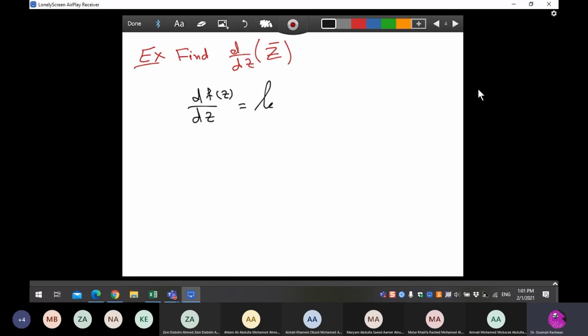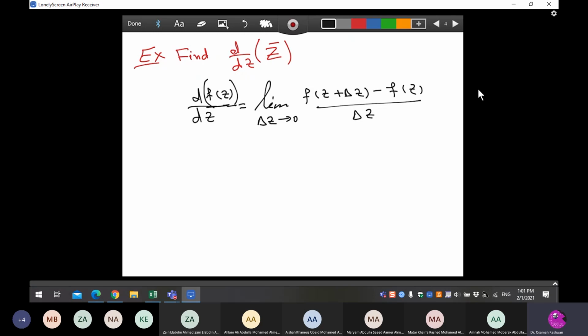This is the limit definition: the limit as delta z tends to 0 of f of z plus delta z minus f of z over delta z. When you're stuck, you go to the main definition of the concepts, right?